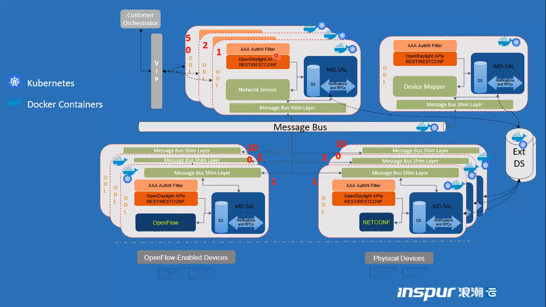For northbound, they just run RESTCONF and network services. This cluster will synchronize through the message bus so the southbound cluster can get them. Here they also propose an external data store, maybe a database.